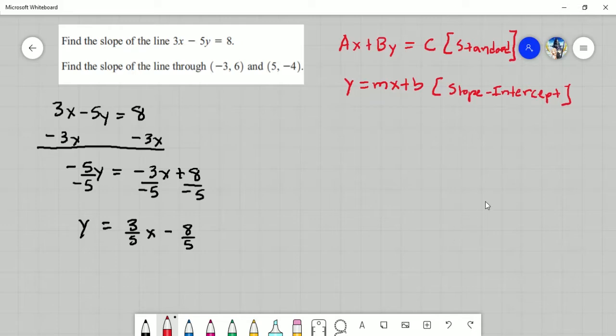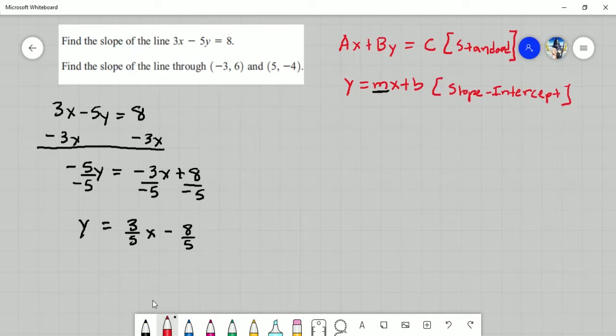So now that I have it in slope-intercept form, again, what I said, the value or coefficient that is with the x value is our slope. And in the general form for it, that is the letter M. We use M here to represent the slope of a linear equation.